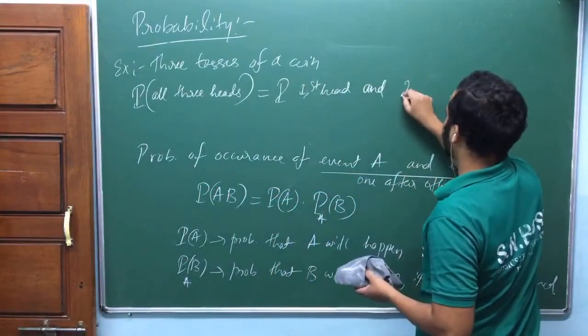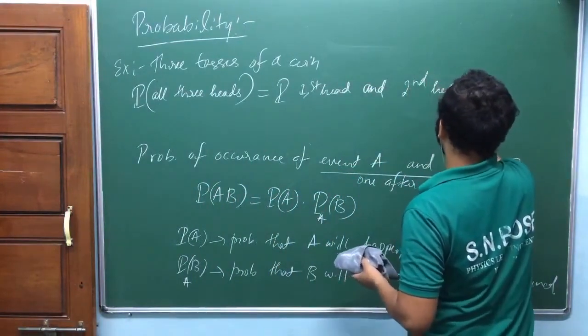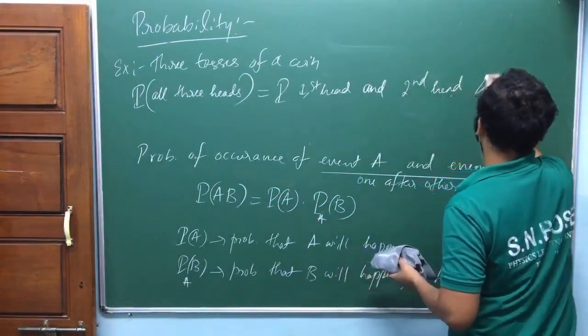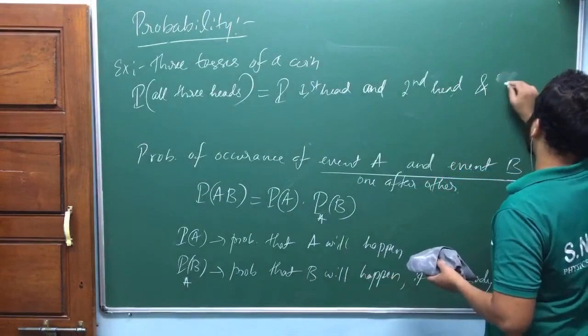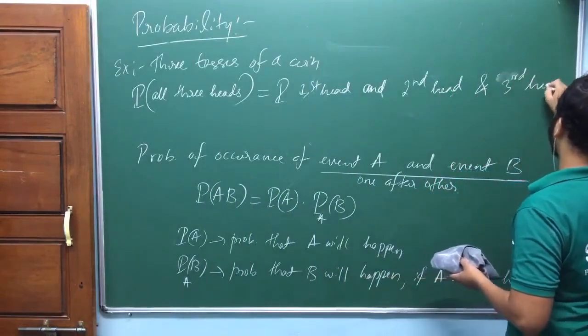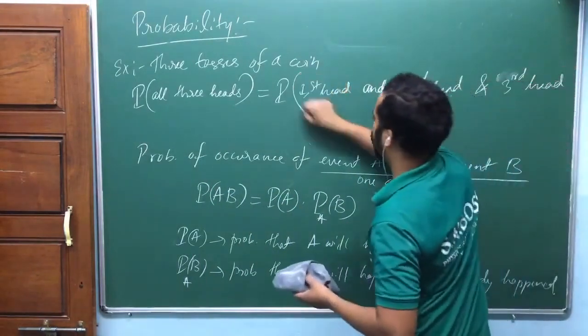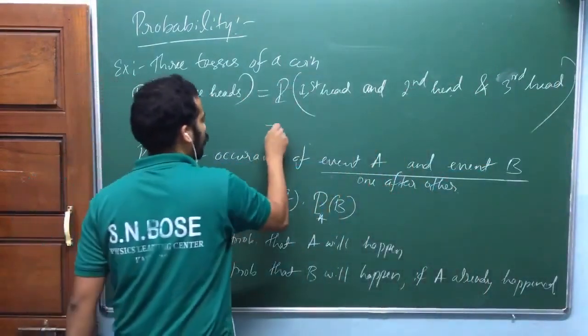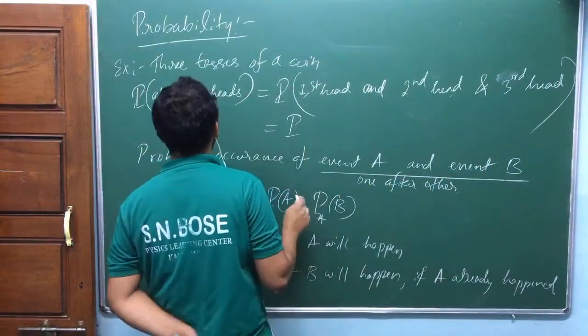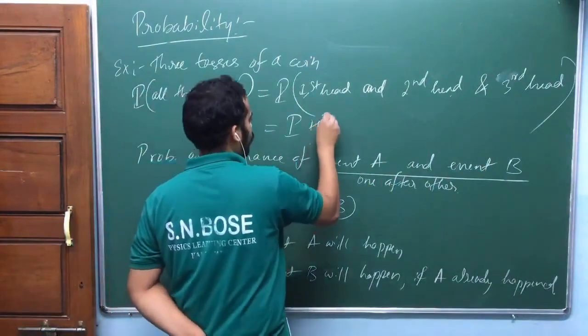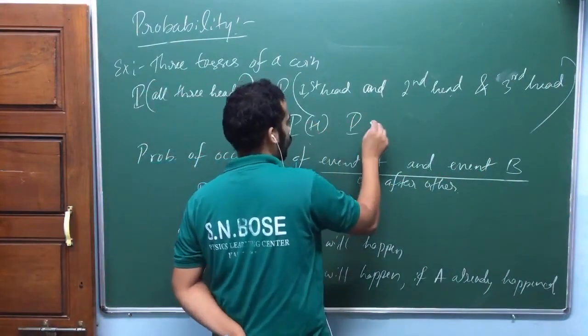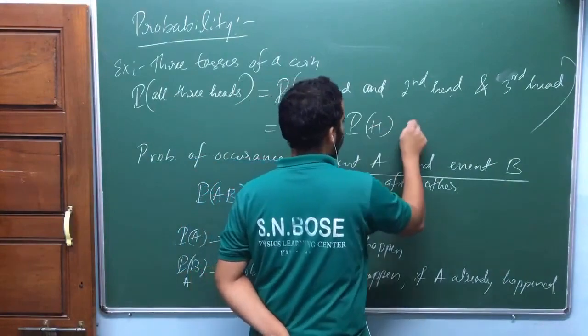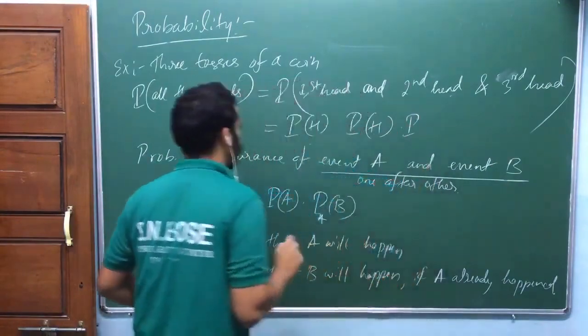And second one head and third one head. Is that okay? You have and, am I right? So that's equal to probability that first one head into probability that second one head, third one head.